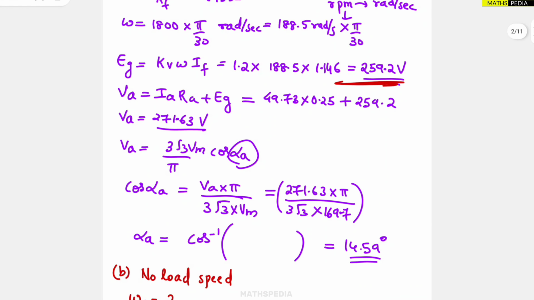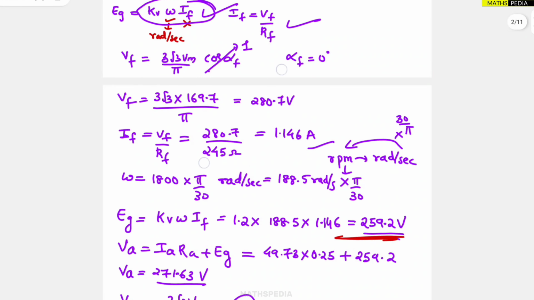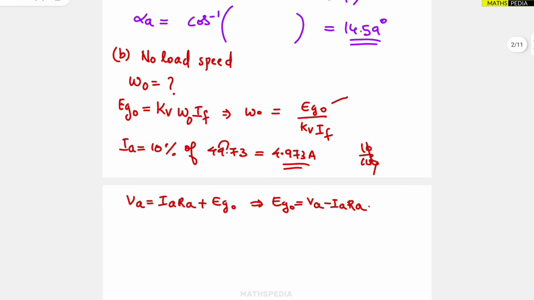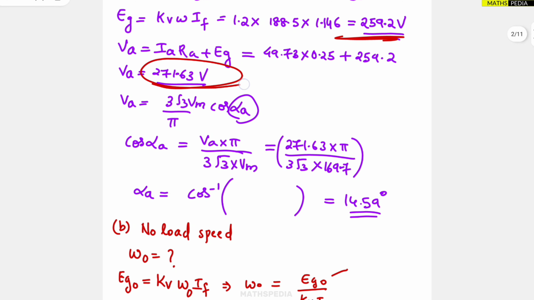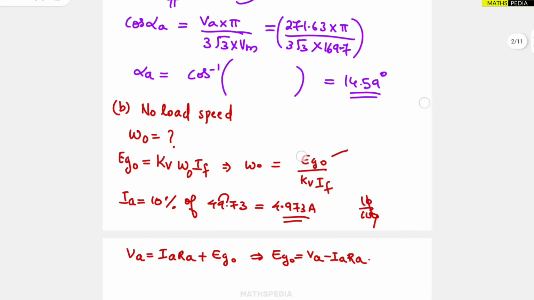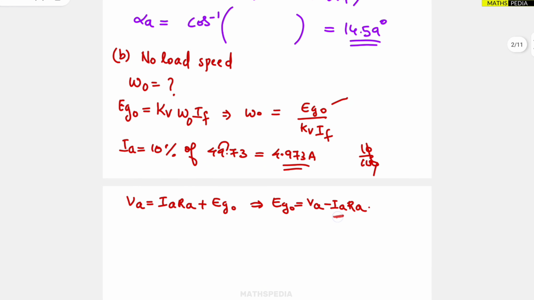No, there is no need, because VA was already found. We take the same value; it doesn't change. Only IA we are going to change. Remember they have said to change only IA, the rated current. VA, whatever you got, you take as it is.